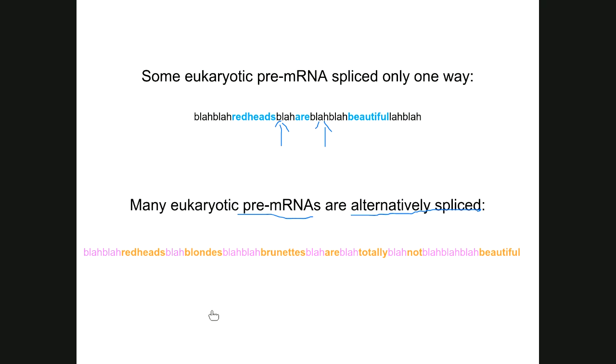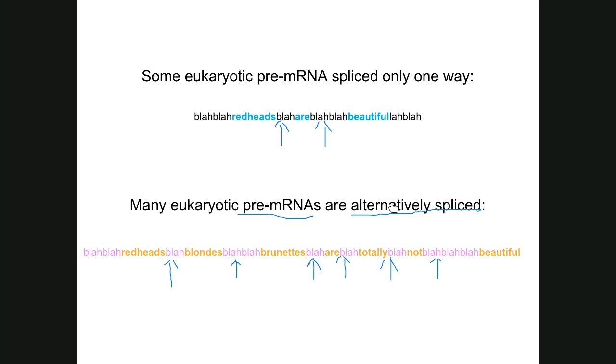In other words, when they would look at the pre-mRNA, they would sometimes notice that we still have our exons and introns, again the introns depicted by blah, blah. But when they looked at the exons, they started to realize, wait a minute, the exons contain coding sequences for how to make the polypeptide, but not all of these exons are necessarily needed when pre-mRNA is converted to mRNA.